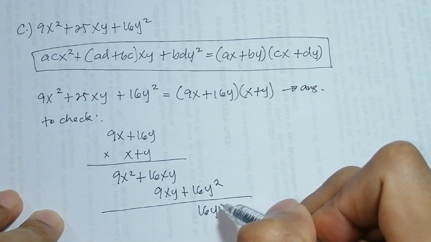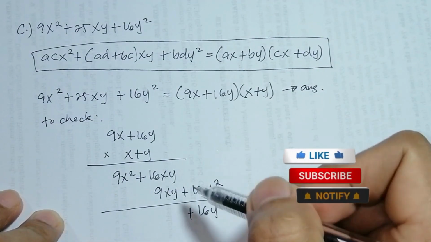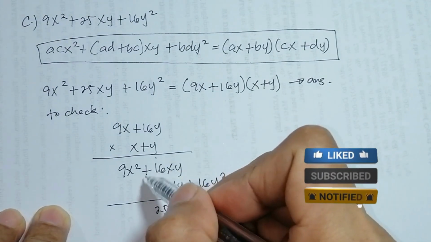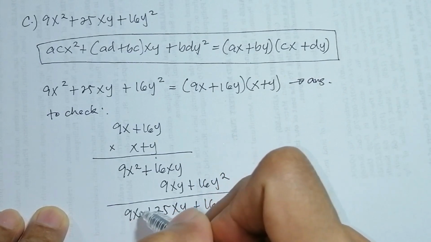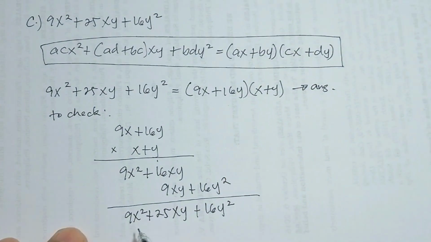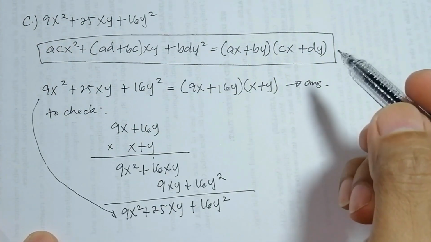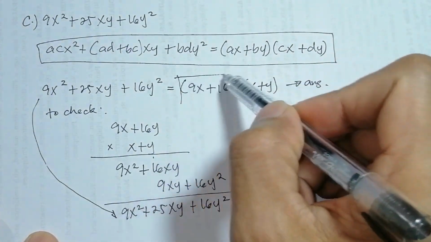Now by adding, 16y squared plus xy: 5 carry 1, 25, then bring down the 9x squared. So the answer is 9x squared plus 25xy. So they are the same. Okay, they are the same. So this is our answer.